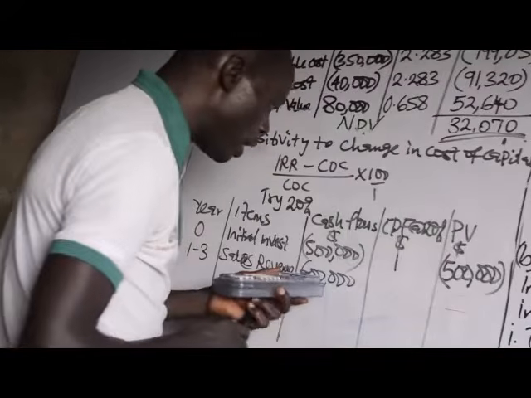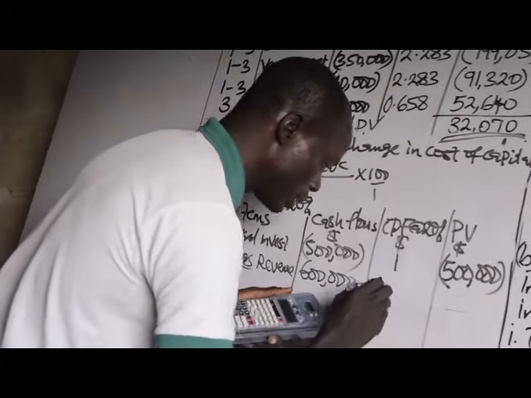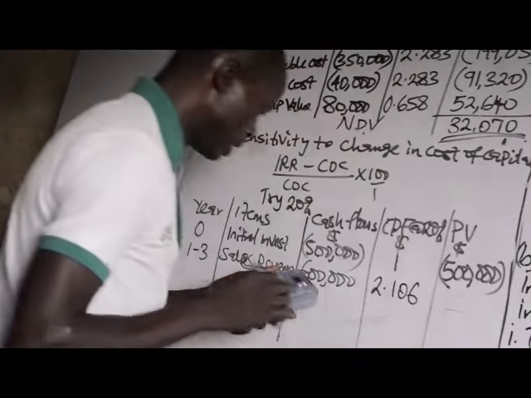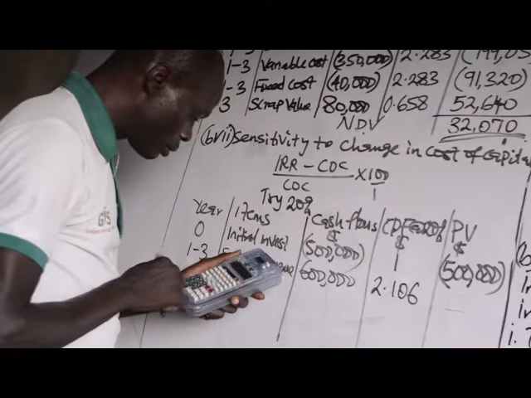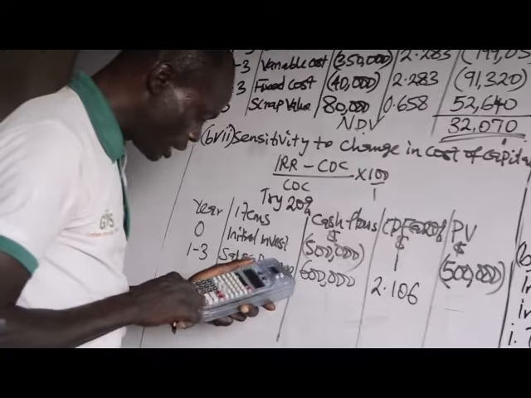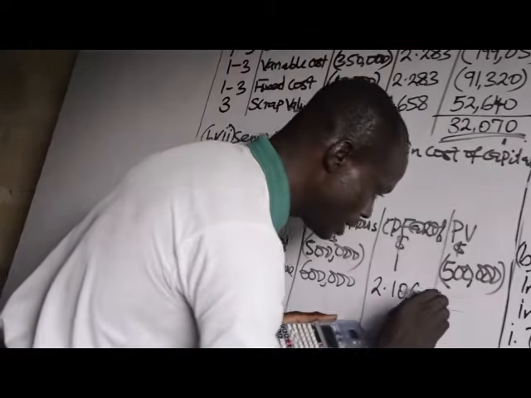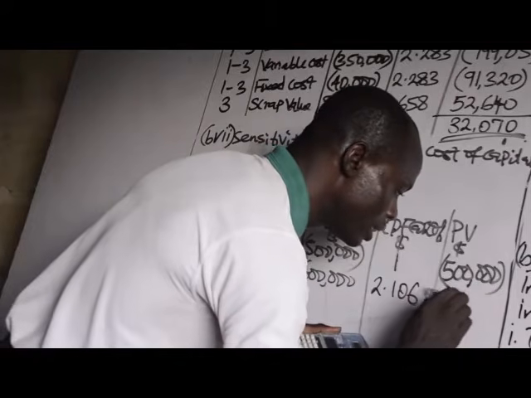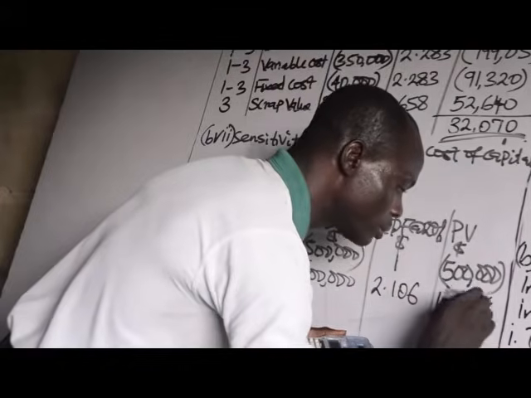We have 2.106. Now the present value: 600,000 times 2.106. That gives us 1,263,600.